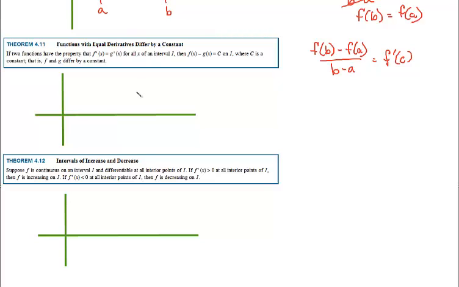For this next theorem, I have two functions f and g, and no matter what x I pick, they always have the same slope at that point, meaning that they're always increasing or decreasing by exactly the same rate for all x on that interval. Then we would know, because of this, f of x minus g of x would be a constant.